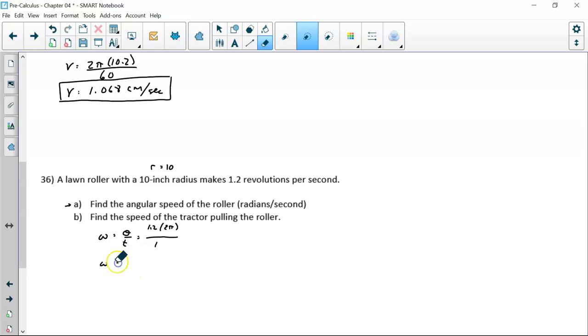So omega is going to be 2.4 pi radians per second, which is about 7.54 radians per second.